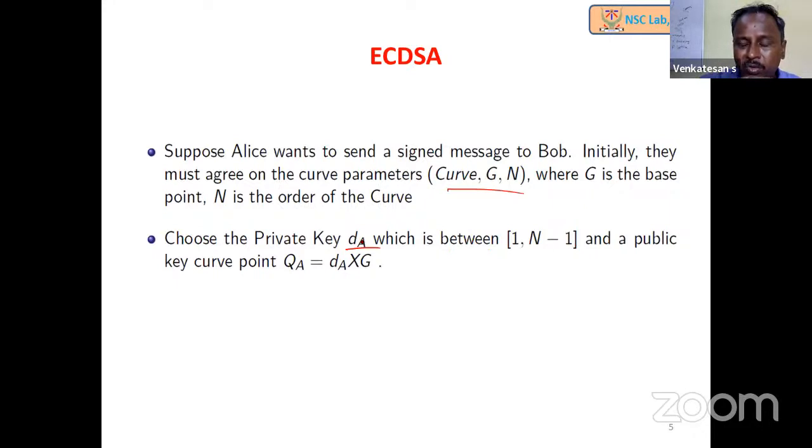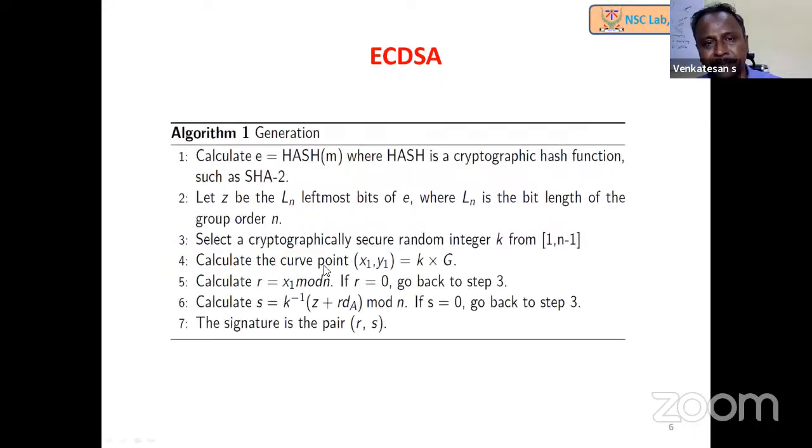And I compute the public key by point multiplication. That is, I multiply this dA, the private key, with the base point, and it will produce another point on the curve. Here it is given as a multiplication symbol, but in elliptic curves it is considered as point addition and point doubling. So this is my public key, and this is the private key. I give my public key to the receiving parties for validating my signature.